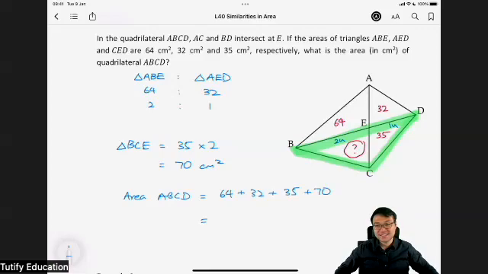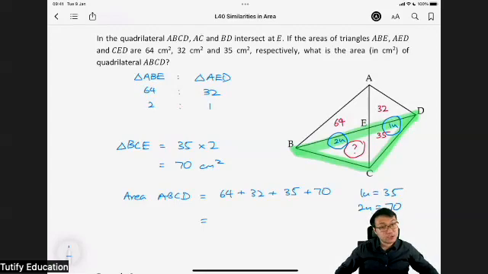All right, students. So what is the important thing we learned here? When the two triangles have the same height, the ratio of the area is the same as the ratio of the base. Since this is 1 unit and this is 2 units, that means 1 unit equals 35, 2 units must be 70.